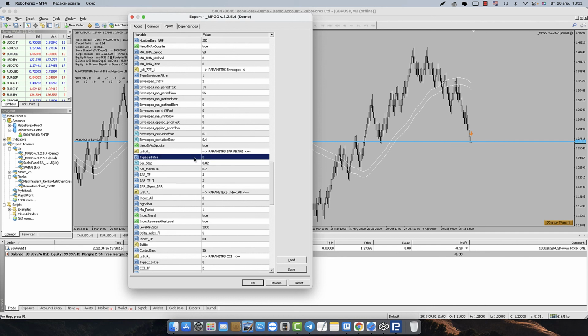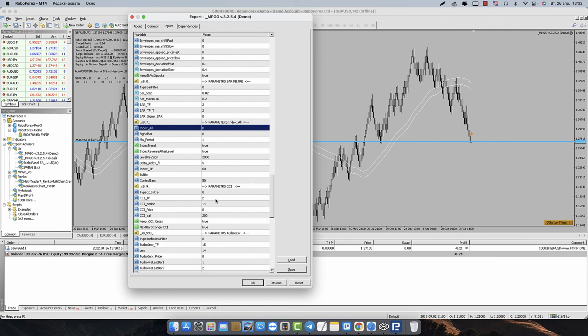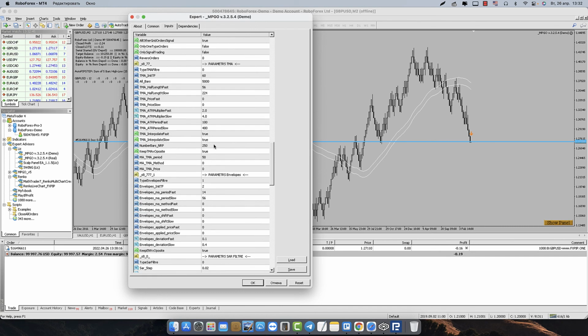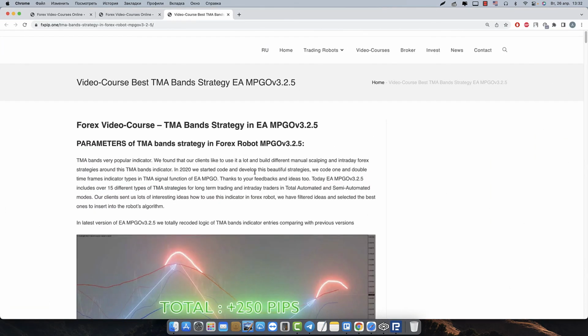It means the robot does not use the SAR filter at all; the first parameter 0 means we do not use this indicator in this set. If CCI is 0 we do not use this. But once we activate something like this, you have to learn the video course on what it means.